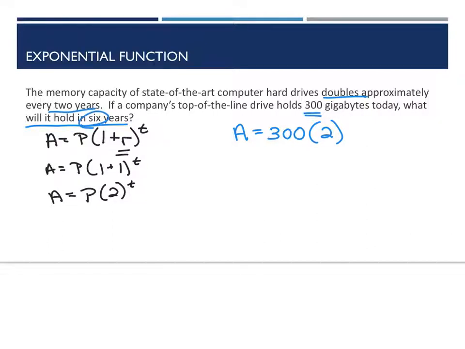Normally I would just use 6 as my t, but it doesn't double every year for 6 years. So I've got to figure out, my exponent has got to be how many times it doubles. In 6 years, if it doubles every 2 years, I need to divide.